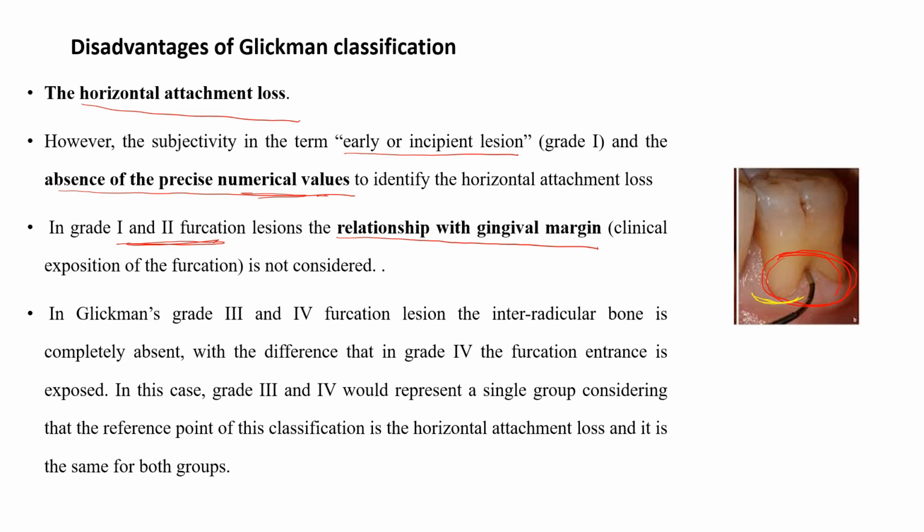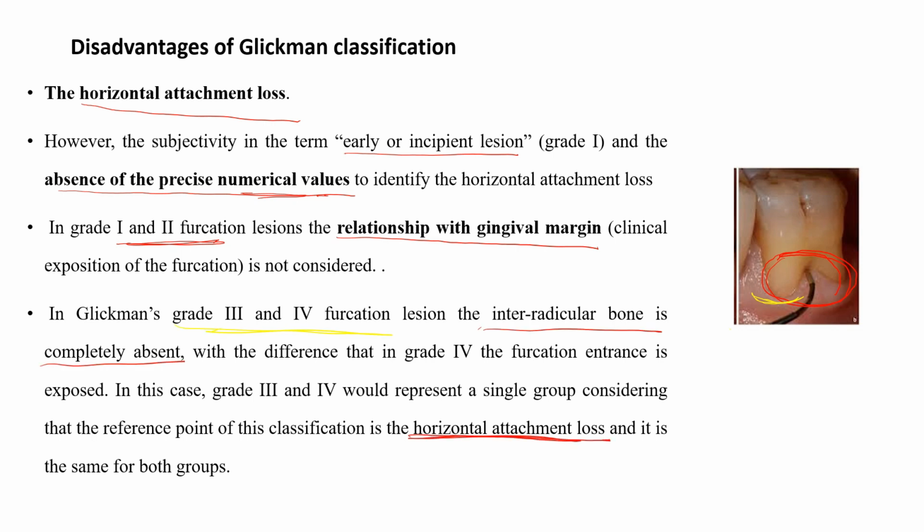But if we consider the gingival margin recession, then it goes in the grade 4 category, because in grade 4 Glickman has taken gingival recession into consideration. The point of reference is horizontal attachment loss, and since there is no mention of gingival recession in class 1 and class 2, it's difficult to categorize such cases according to Glickman's classification.